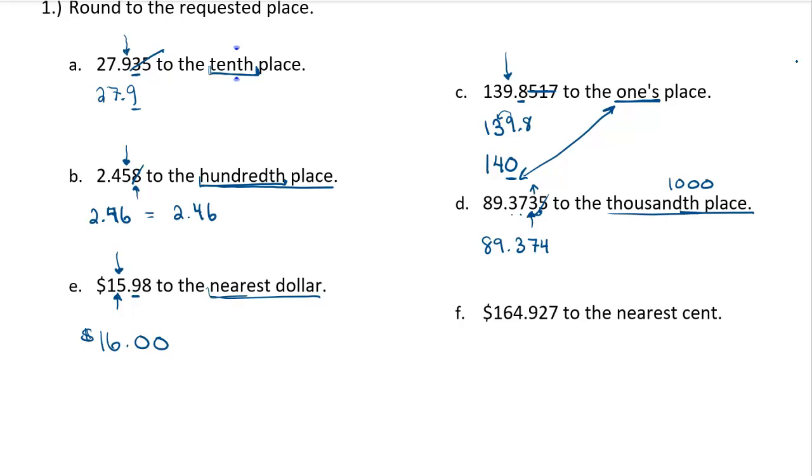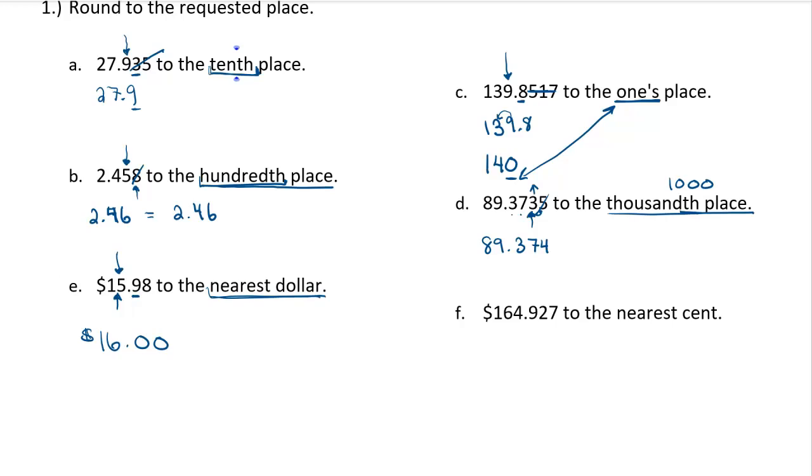Notice when I state it, it's $16, right? Singular dollar. So that's another way you can check, though that one doesn't work quite as well as looking and making sure that you don't have any places beyond what you're looking for.